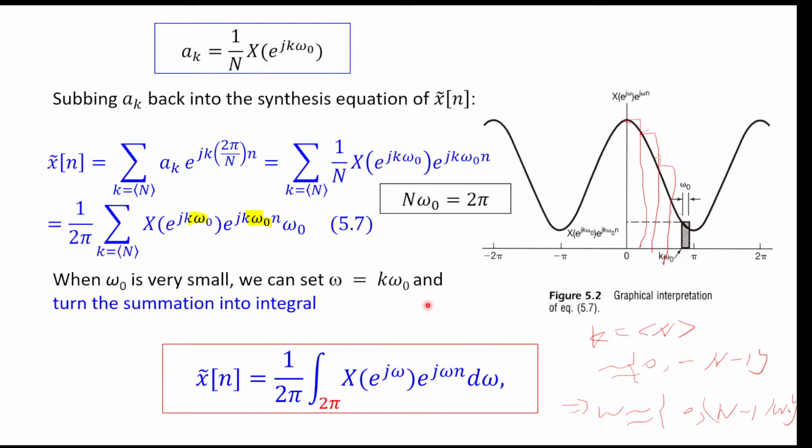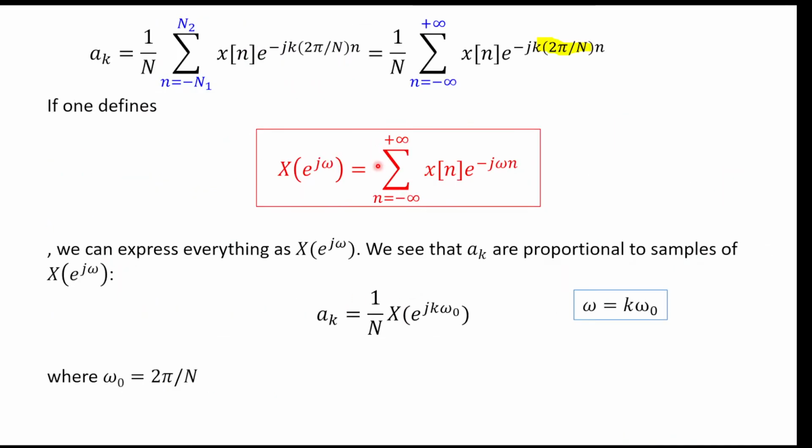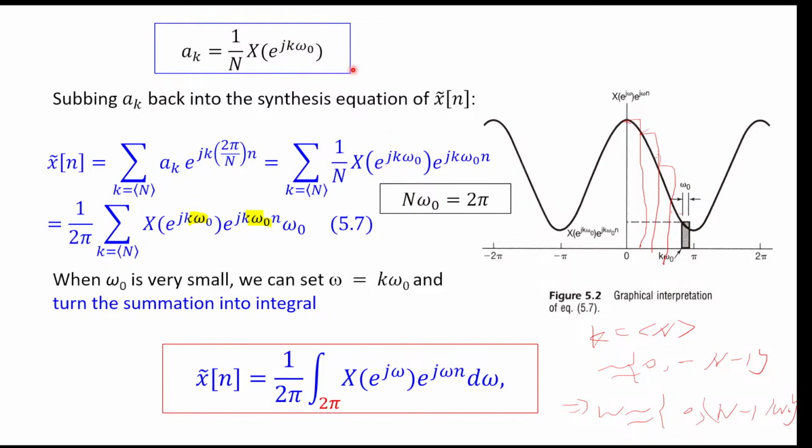Now we think about what happens when you take N to infinity and ω₀ to 0. We substitute this a_k back into our x tilde of n.